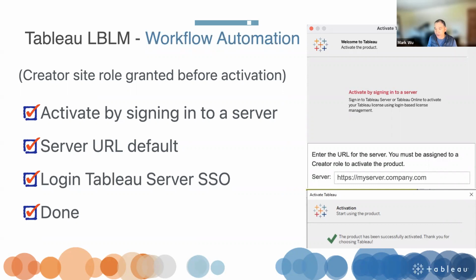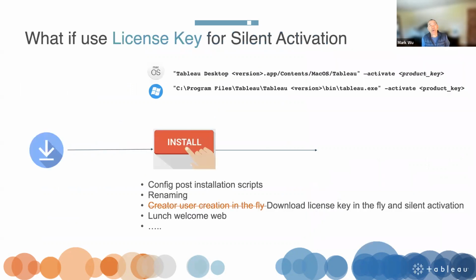That's LBLM. What if you're using a license key? This is what I was using until about 2 years back. I have a master key for a whole organization. What if you have that? How do you make that work?